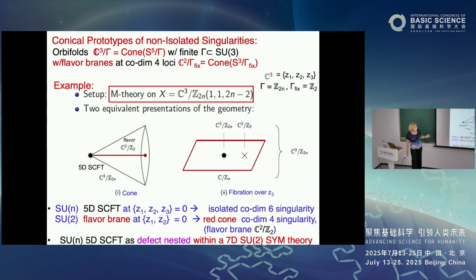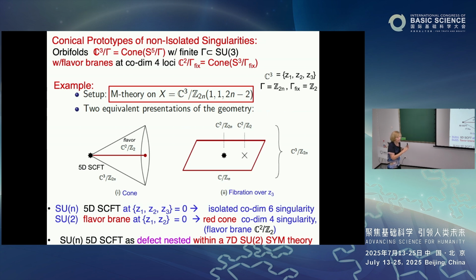In any case, what we are describing with this Z2N orbifold is, at the tip of the cone, we are dealing with an isolated singularity, SU(N), resulting in a 5-dimensional SCFT. And now, on top of it, we are having a sector where we are having now flavor branes, codimension 4 singularities extended up to infinity.